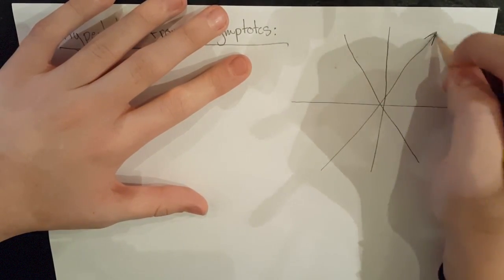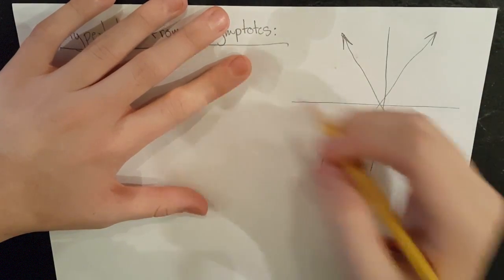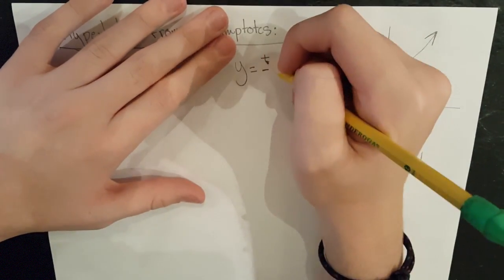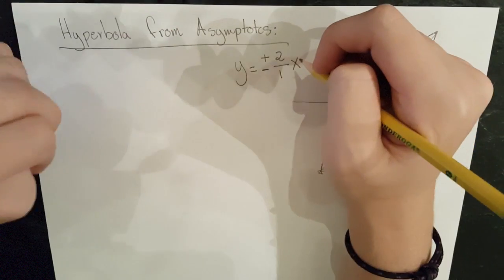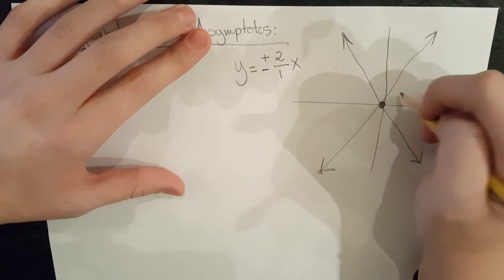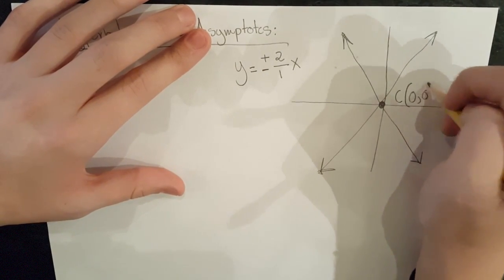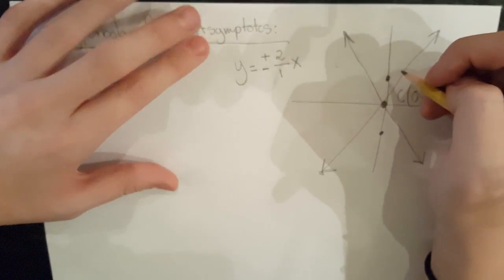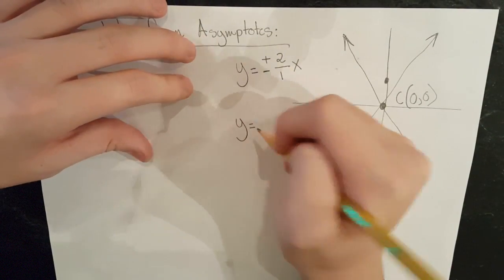When a hyperbola is vertical such as this, and the intercept of the asymptotes is at center 0, 0, the equations for the asymptotes of a hyperbola are y equals plus or minus b over a x.